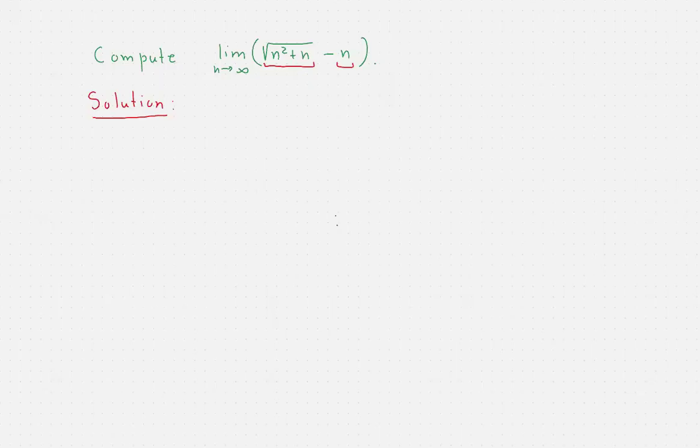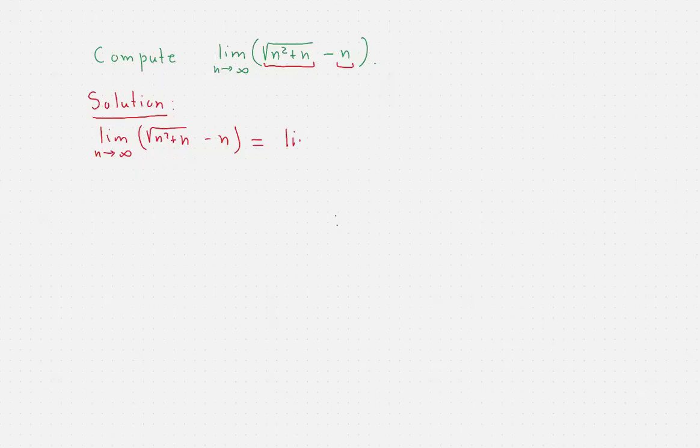So this is not a rational function. And what we're going to do is multiply and divide by the conjugate quantity in order to get rid of the square root, at least on what is going to become the numerator.